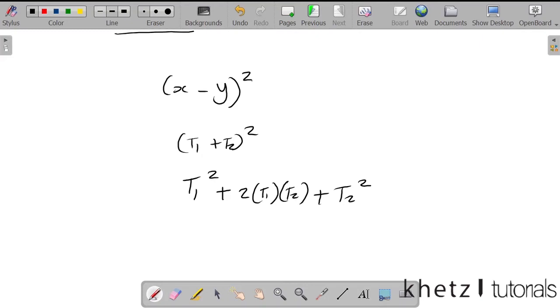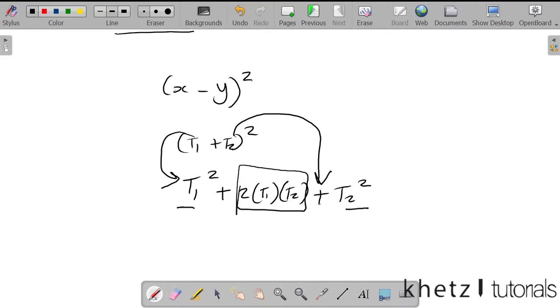So you can just take this term, square it, take this term, square it, and put each of those at the left end and the right end, and then in the middle you'll have 2 multiplied by term 1 multiplied by T2.